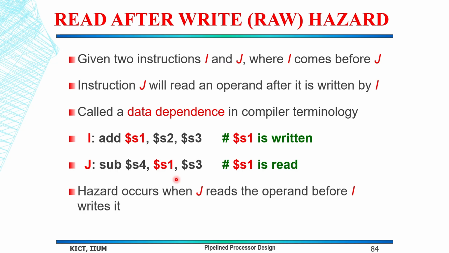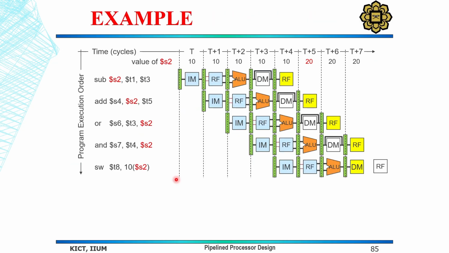So here is another example. We have subtract $S2, $T1, $T3 as the first instruction. The second instruction is add $S4, $S2, $T5. Third is or $S6, $T3, $S2.